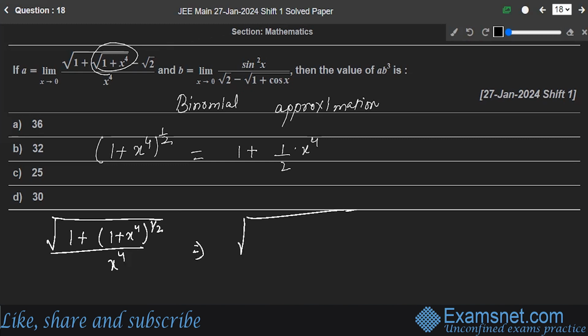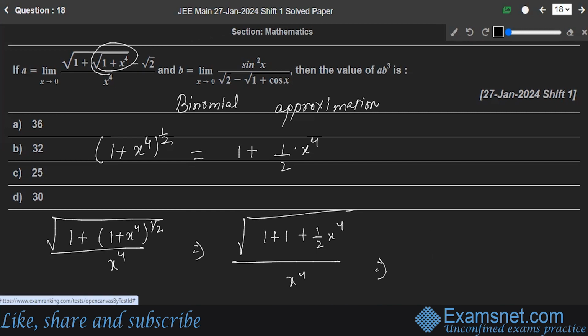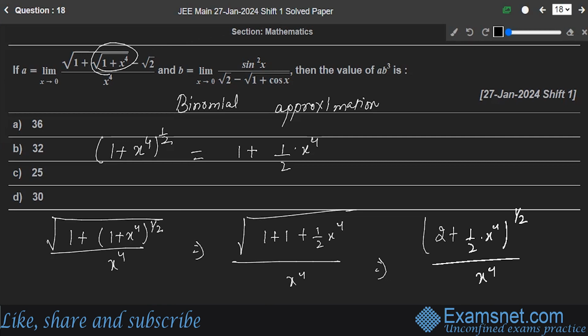So this will be root of 1 plus half into x raised to power 4, whole divided by x raised to power 4. So this will be 2 plus 1 by 2 into this, or I will write it better like this: 2 plus 1 by 2 x power 4, raised to power 1 by 2, whole divided by x power 4.